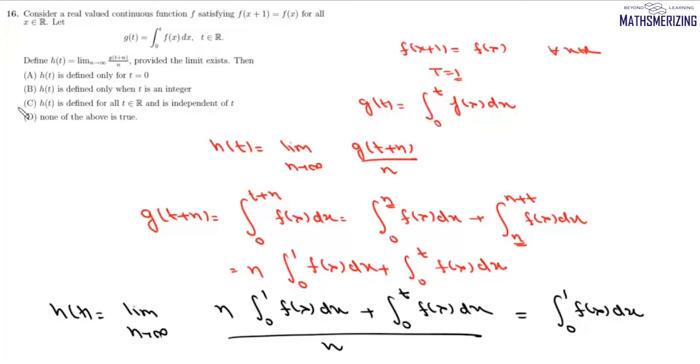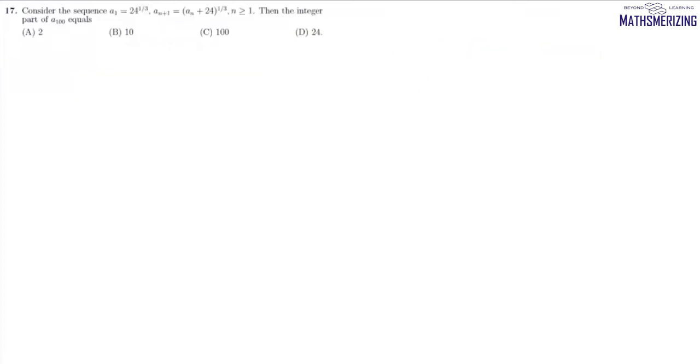and that's here option C. Now question number 17 is, consider the sequence a1 is 24 to the power 1 by 3, a(n plus 1) is the cube root of a(n) plus 24, that is, (a(n) plus 24) to the power 1 by 3 for n greater than 1. Then we need to find the integral part of a100.